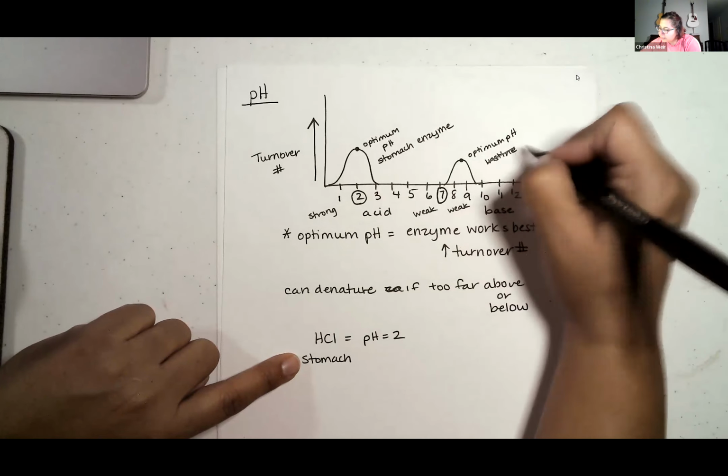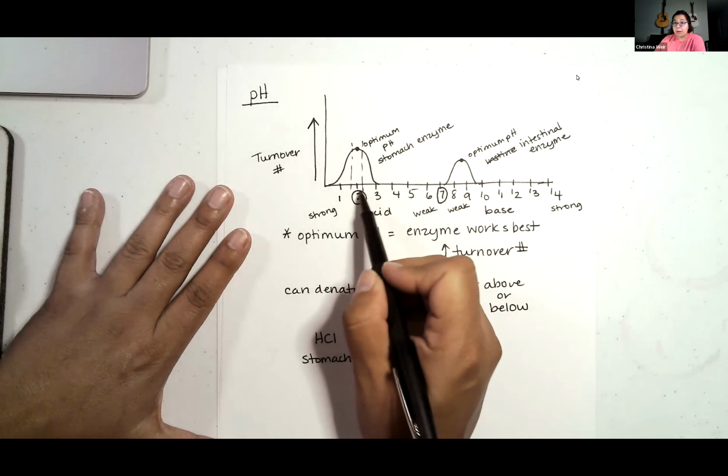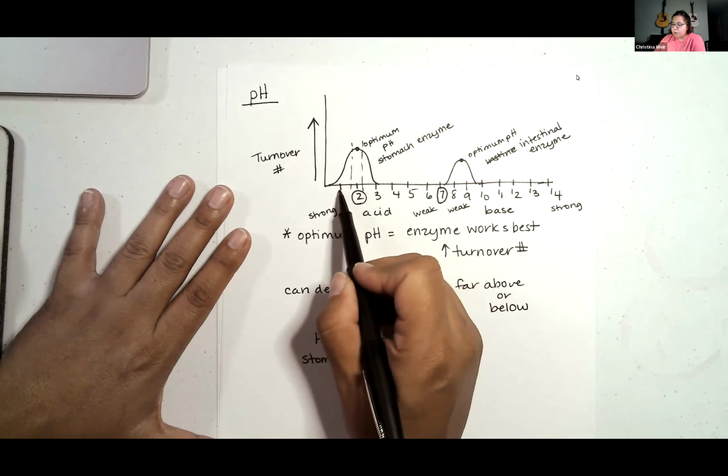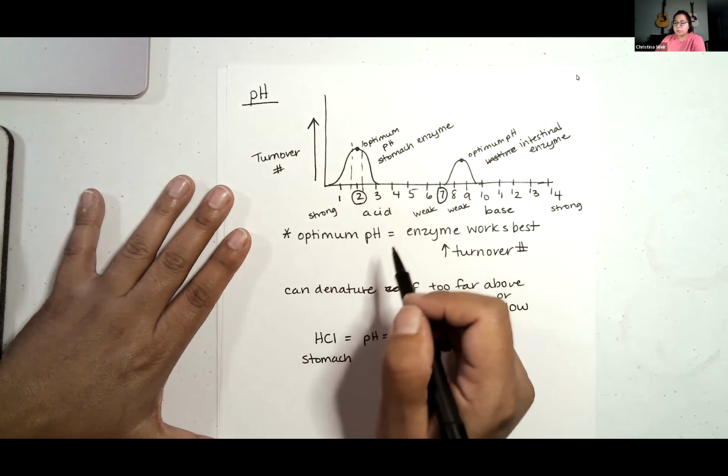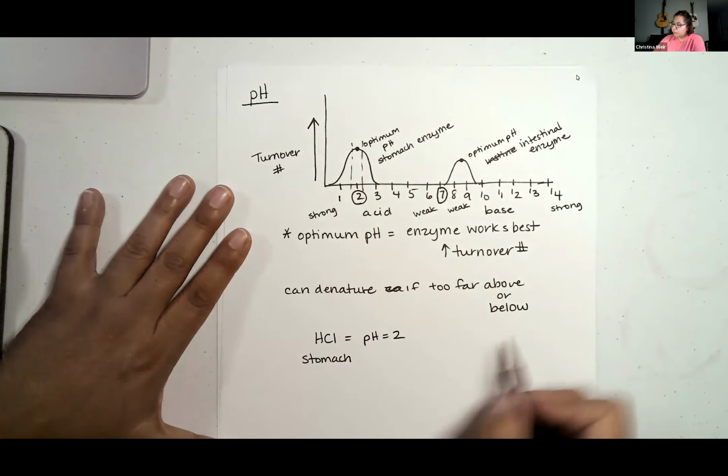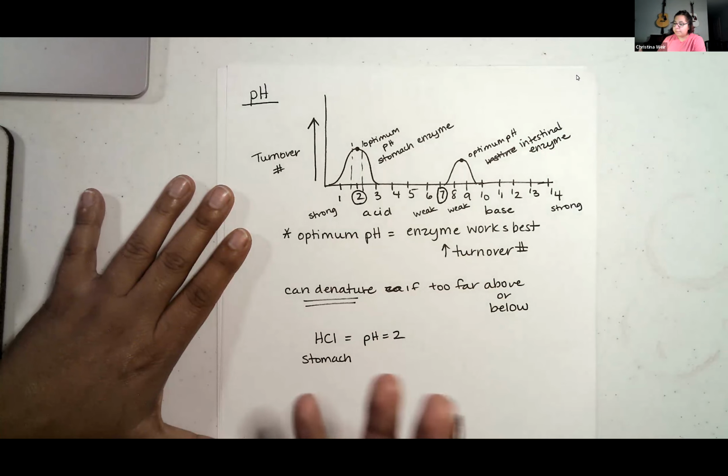So as I mentioned, these enzymes denature if you go too far above or too far below the optimum pH. The active range for an enzyme that works in your stomach is going to be limited to around 2. If you get too far above or below 2, your enzyme will be denatured. It can be denatured partially or fully.